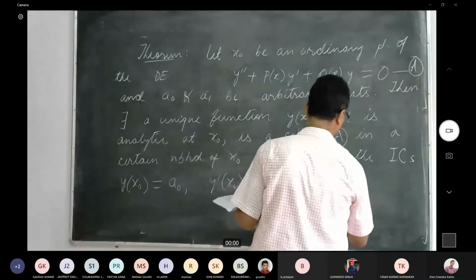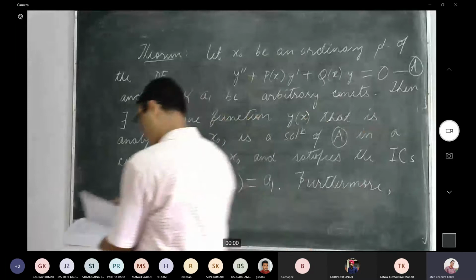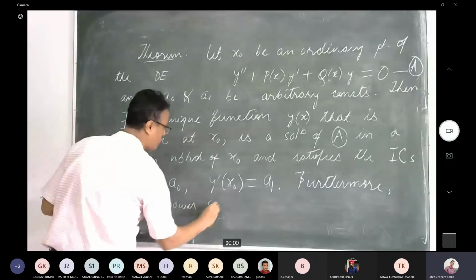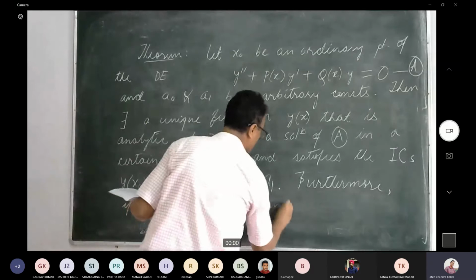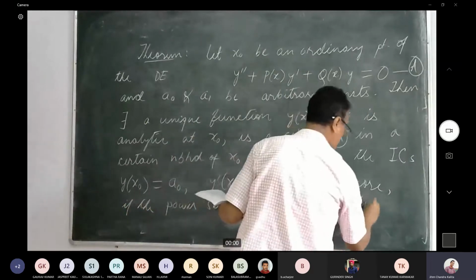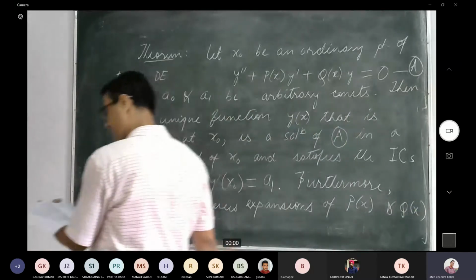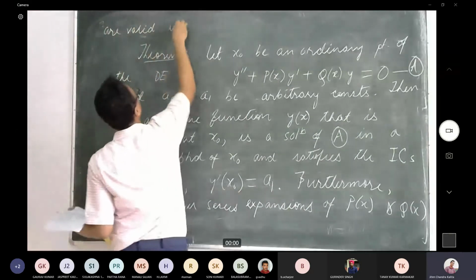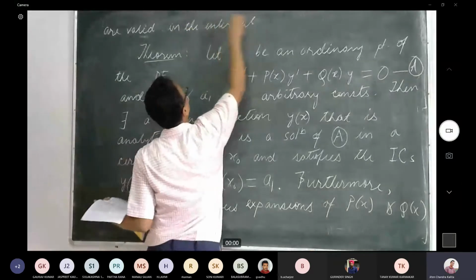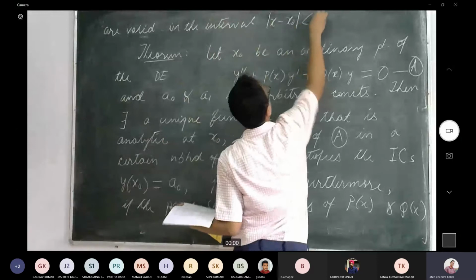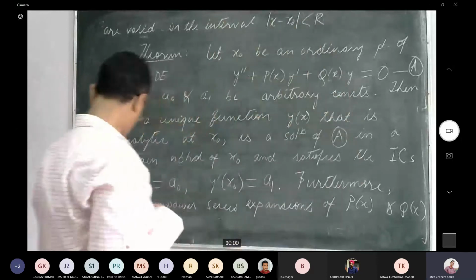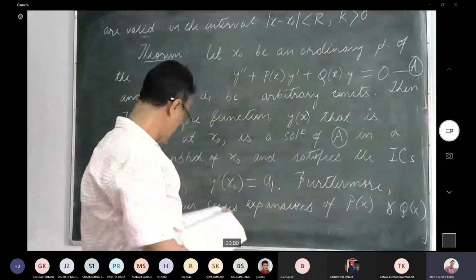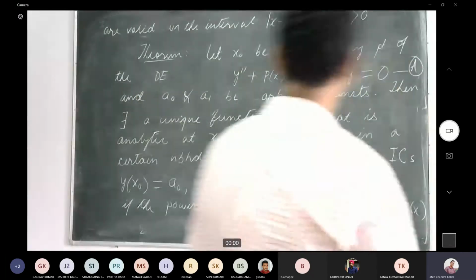Furthermore, if the power series expansions of P(x) and Q(x) are valid in the interval mod of x minus x naught strictly less than R, and of course R is strictly greater than 0, then what happens?